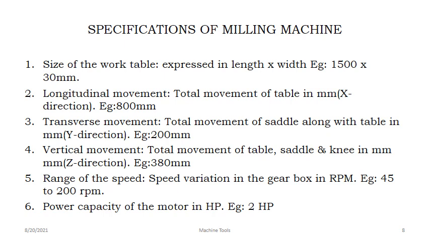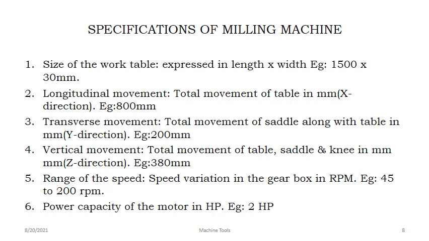It is expressed in length and width, for example 1500 mm length and 300 mm width. And the longitudinal movement of the table, how much? This is the total movement of the table in mm, in x direction, example 800 mm. This is the standard specification.